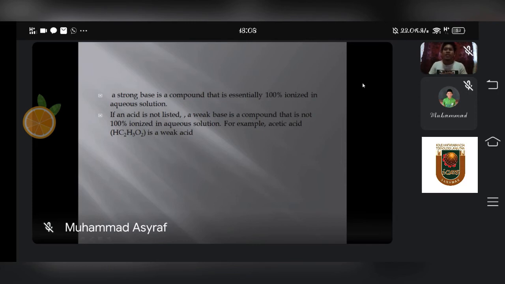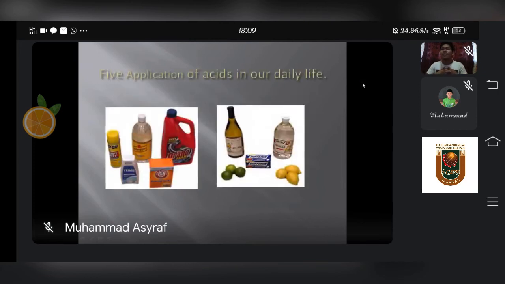A weak base is a compound that is not 100% ionized in aqueous solution. For example, acetic acid, HC2H3O2, is a weak acid.